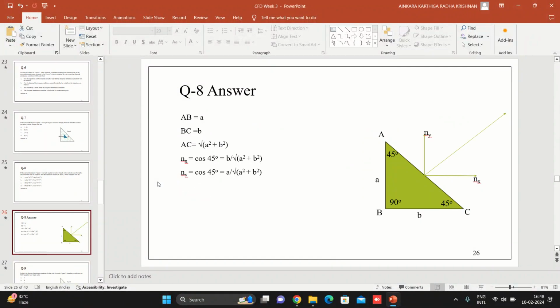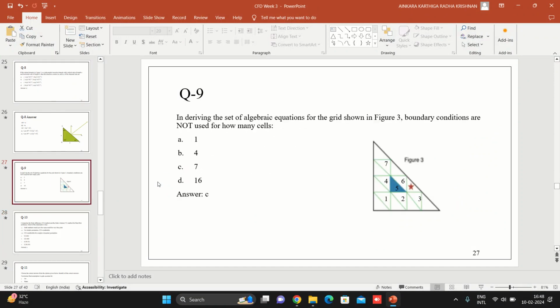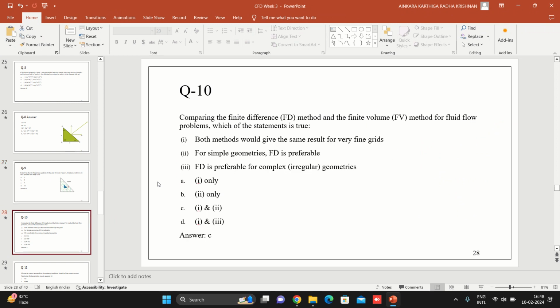For the diagonal, the outward normal is in that direction, and we are resolving it into nx and ny components, finding the diagonal length, and then finding the direction cosines.